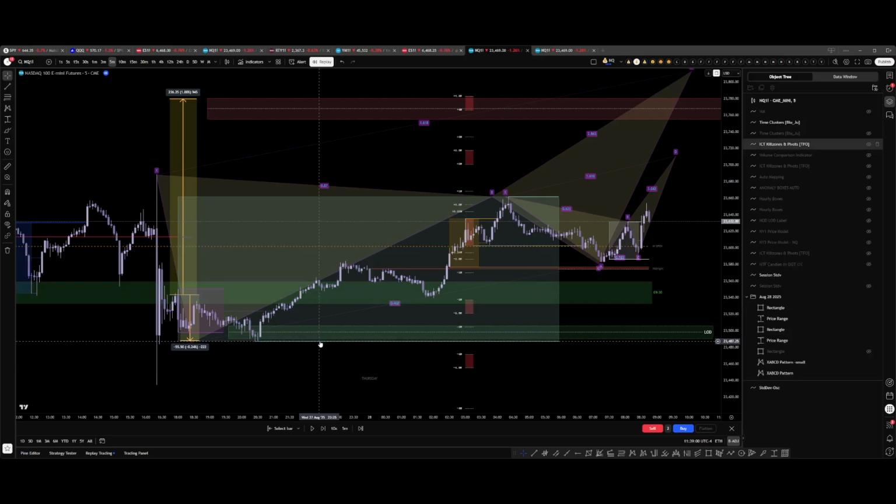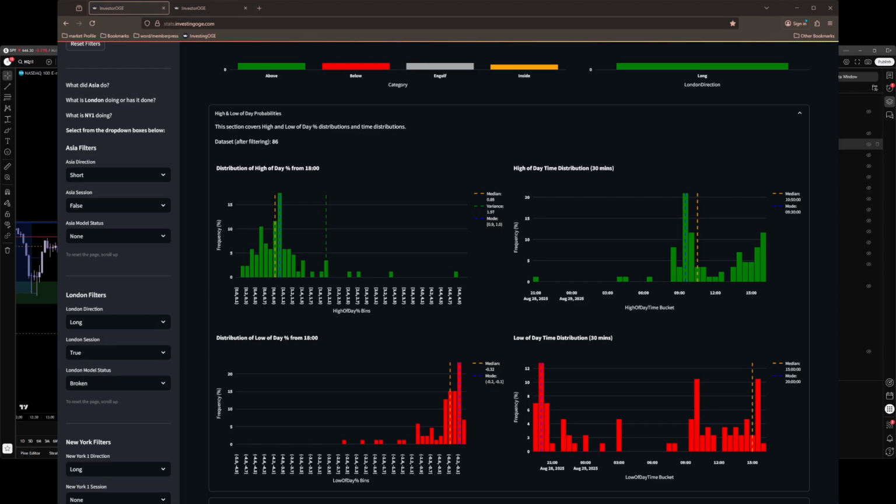We've already pulled through it a little bit, but it looks like our low of day might possibly be in, for a couple of reasons. First of all, the most likely time to put this in is around 8 p.m. market time.